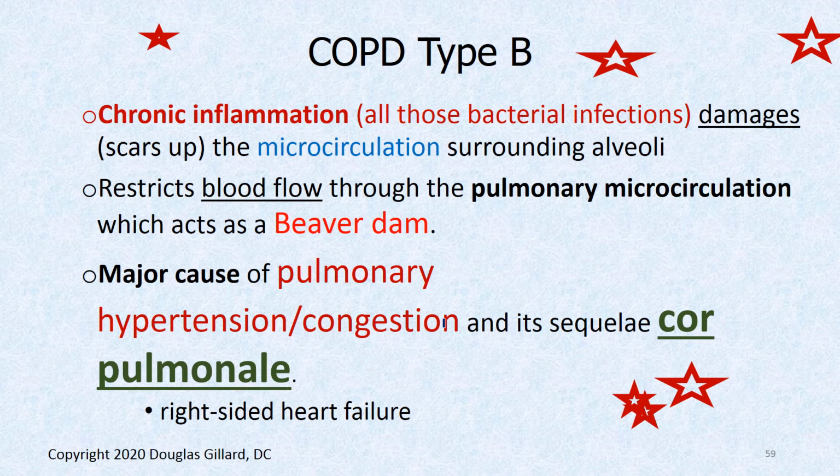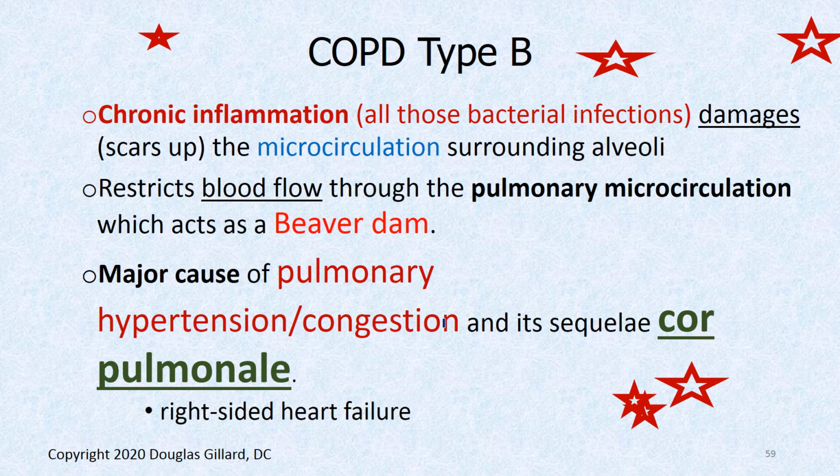So the chronic inflammation from all these infections, I mean, every time you have an inflammatory process, it has to be cleaned up, and there's dead tissue and dead cells, and scar tissue is laid down, so you scar up the microcirculation wherever the infection was. That can eventually scar up the microcirculation to the point it's getting hard to push blood through the lungs, and now you wreck the right side of your heart.